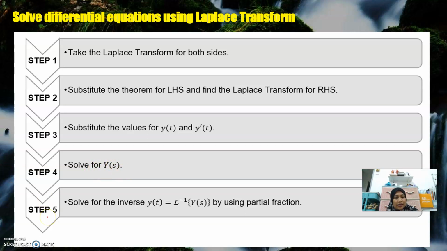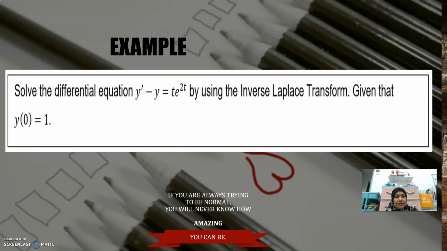And the last step, step number 5, is solve for the inverse, y(t) is equal to inverse Laplace of Y(s), by using partial fraction. Okay, let's take a look at an example here. Solve the differential equation y prime minus y is equal to t e to the power of 2t by using the inverse Laplace transform, given that y(0) is equal to 1.